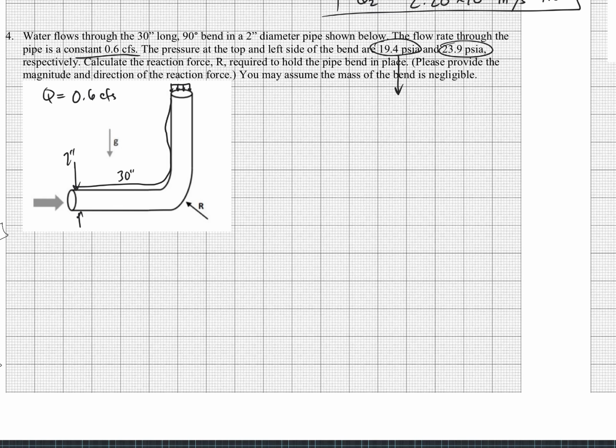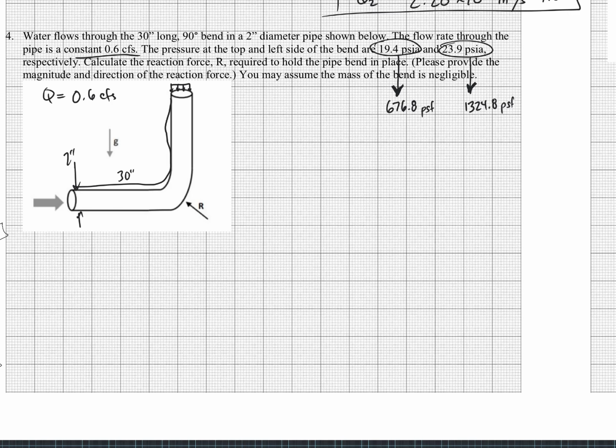So what we're going to do is convert both of these to gauge, and the way you do that is you subtract off the atmospheric pressure, which in PSI is 14.7, and then multiply by 144 to go from PSI to PSF. Ultimately that's going to give me 676.8 PSF gauge, and this one's going to be 1324.8 PSF.